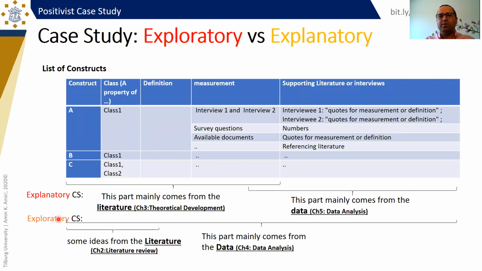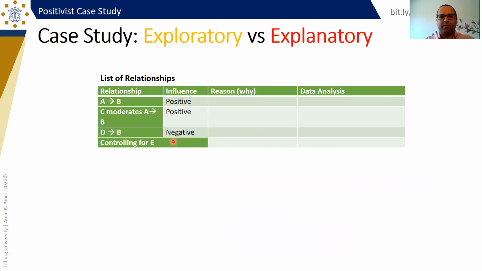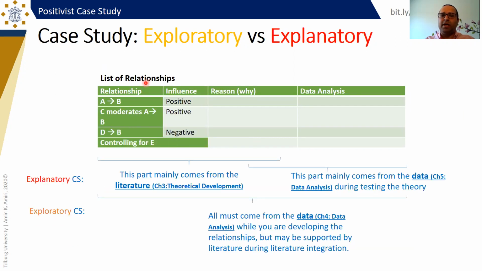In exploratory, using data analysis. The table of relationships, all root in the literature. The relationships in the exploratory case study root in the data. That's why we say explore. We want to discover new relationships, new constructs. Explanatory, we just want to make sure that our explanation is correct.